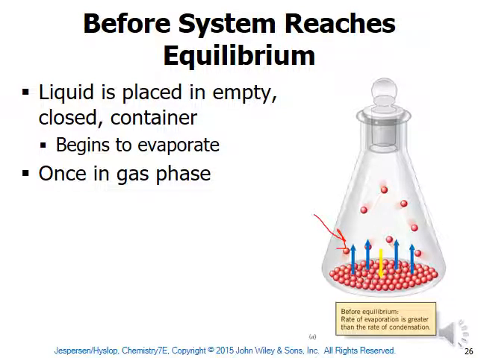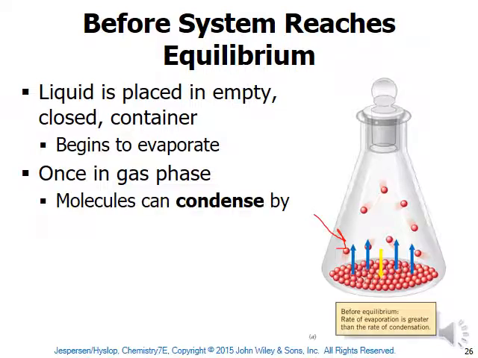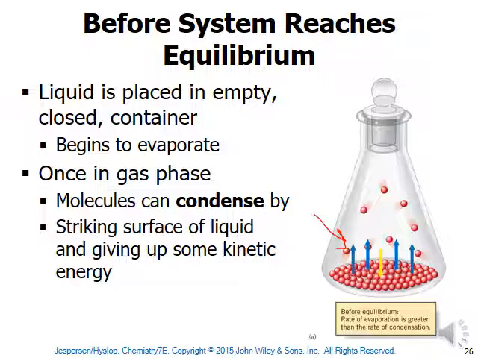Now, those particles are going to be in the gas phase, and the molecules can condense by striking the surface and giving up some of their kinetic energy. So when they hit the wall, they start to slow down, and then they can condense. They can also come together and form attractions, and they all come back down.